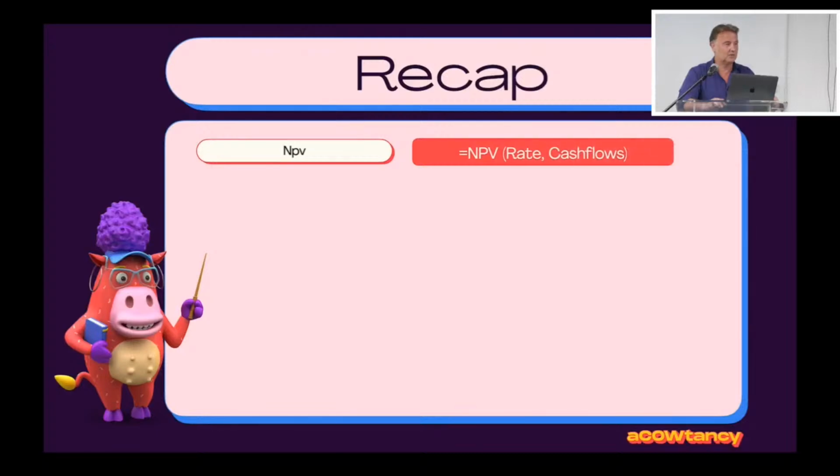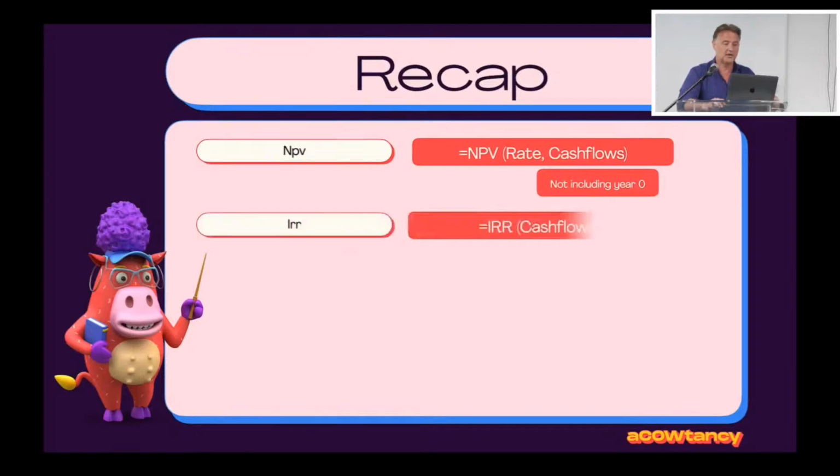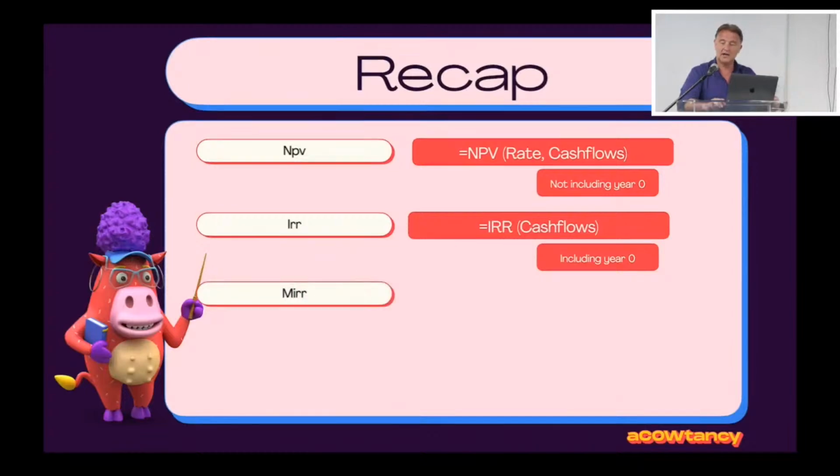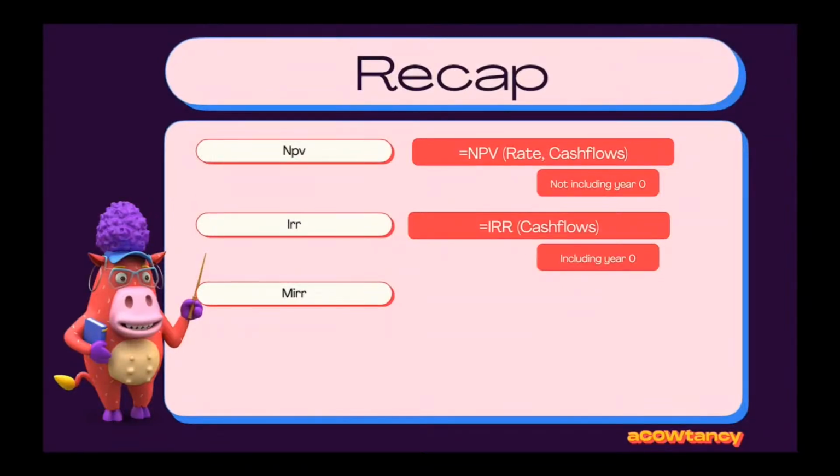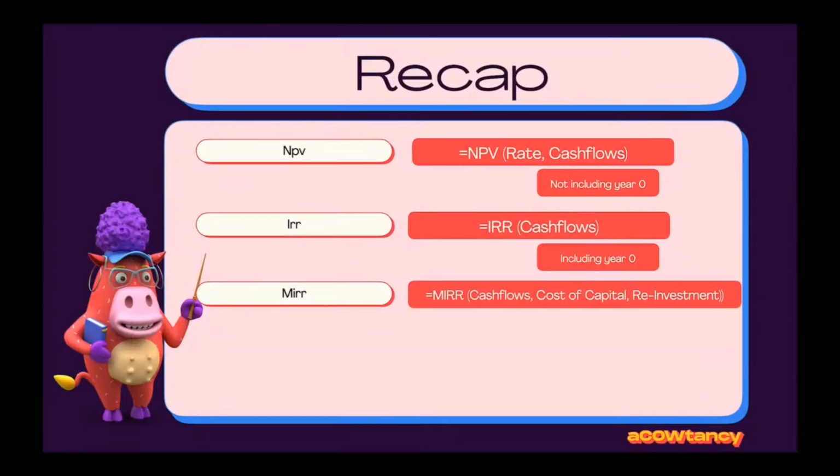Rate, comma, cash flows. Do you include year zero? Nope. IRR, the easy one, equals IRR cash flows. MIRR, the trickier one, equals MIRR cash flows, comma, cost of capital, comma, reinvestment. Well done. Include year zero.